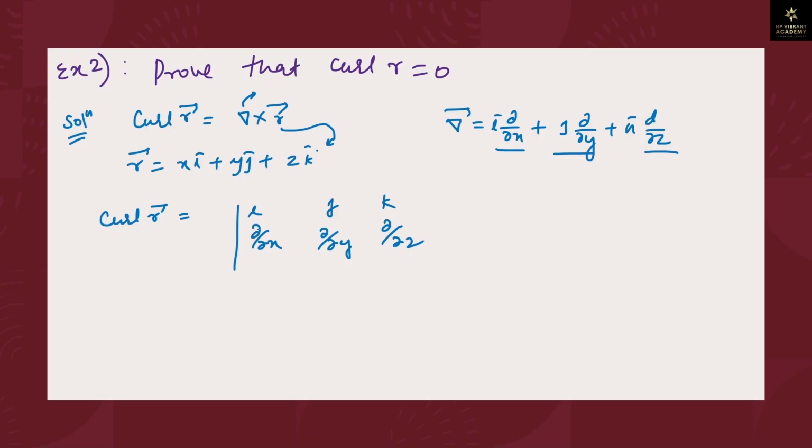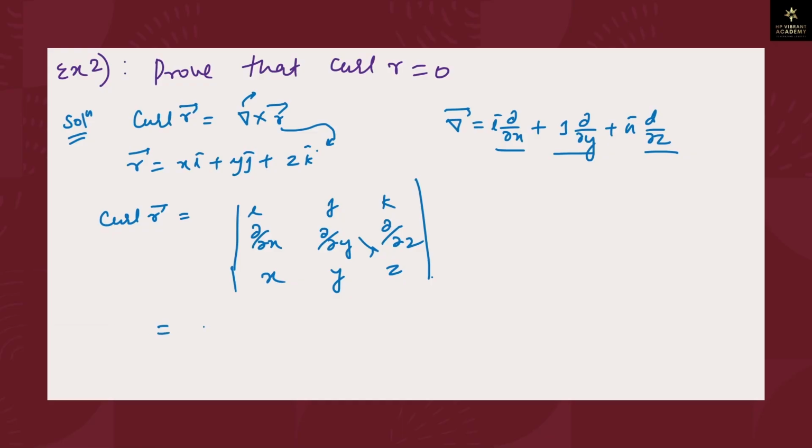So we have the components of del upon del x, del upon del y, del upon del z, and we have the R vector as x, y, and z. Okay, so this is equal to i times of, let us do the cross multiplication. So this is del y upon del z minus del z upon del y, i times of, let us write down here.